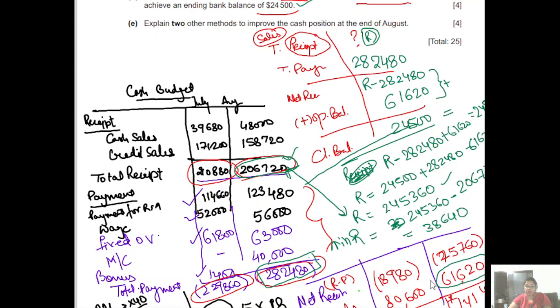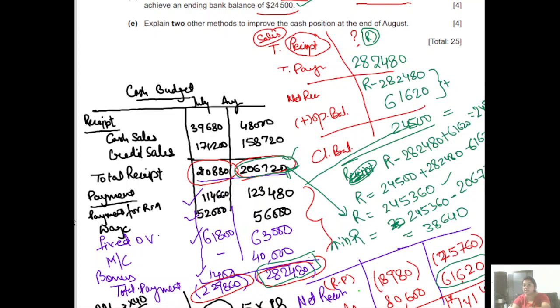Now in this sales, they ask you about a cash discount. Whatever the sales, if we want the whole sales in cash, then we have to give 2%. So what is my credit sales?